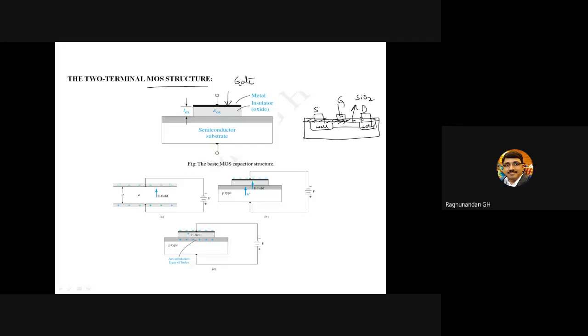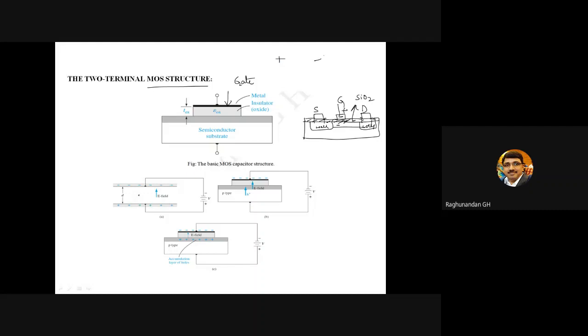Can anyone tell me the type of the charge carriers, or the potential at the gate and the potential at the channel, will both of them be same or different? I'll repeat the question again.